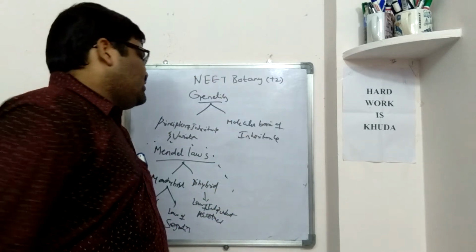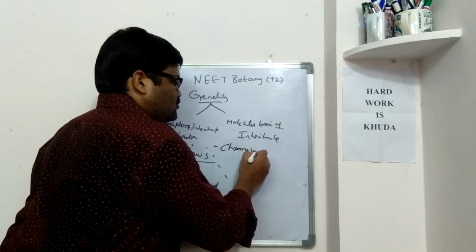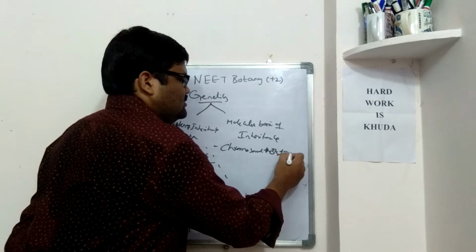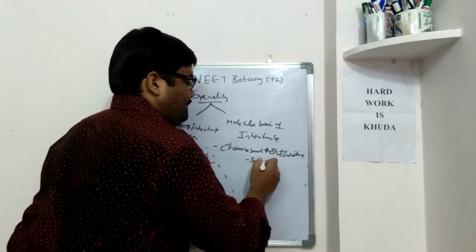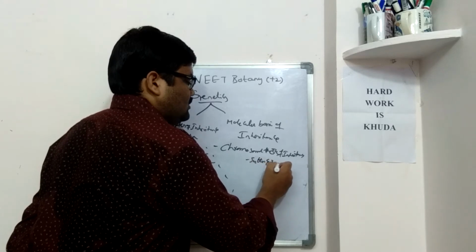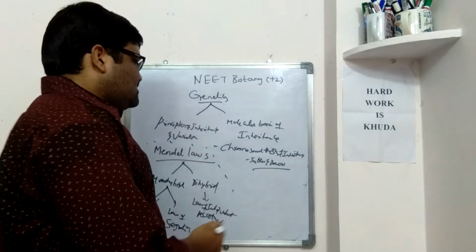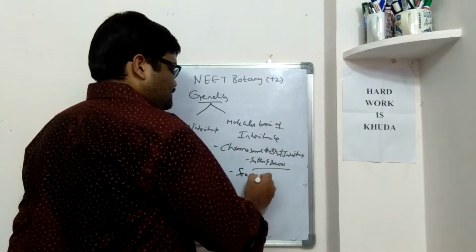Other aspects also have to be covered, like the chromosomal theory of inheritance, proposed by Sutton and Boveri. This is very important also. And sex determination under this chapter.